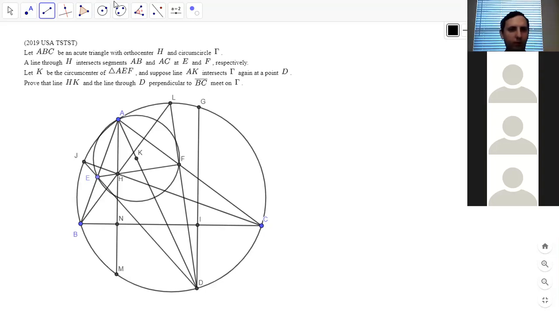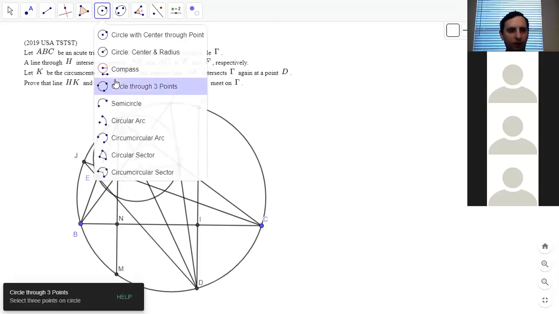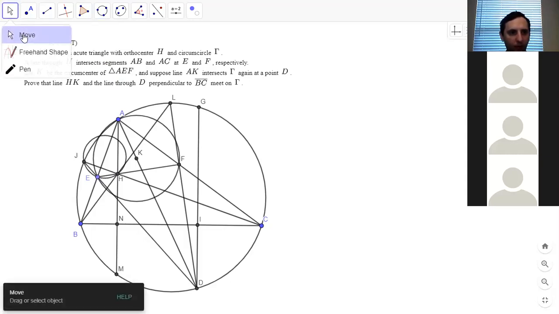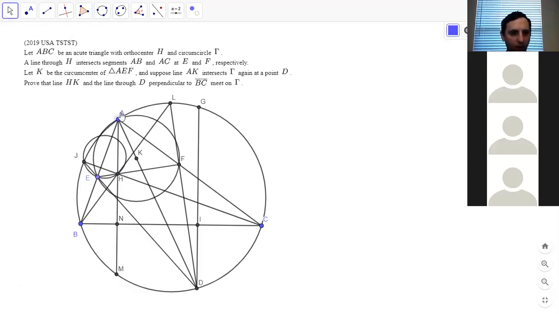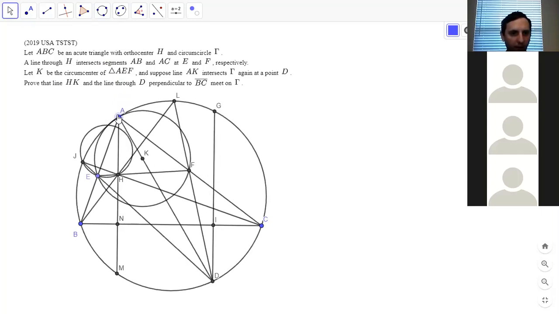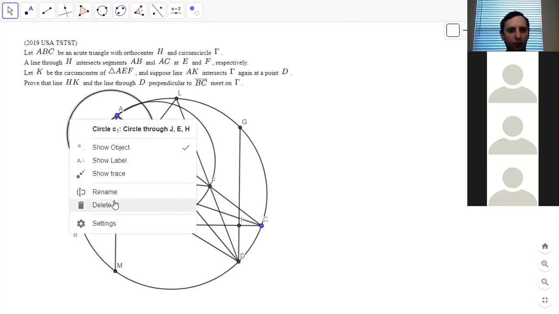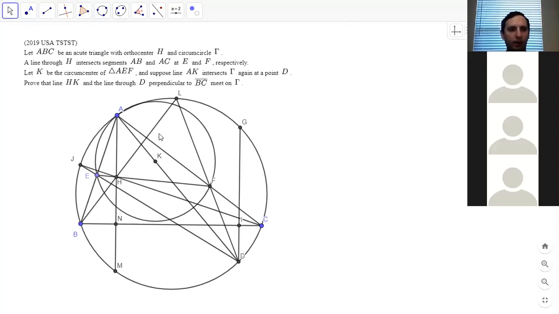So I wonder if we have more cyclic quads. Let me try something here. Do these circles concur? Yeah, I think these three circles all meet at a point. And so I think that could probably be used to prove that these meet at point H. Let me make the figure better.